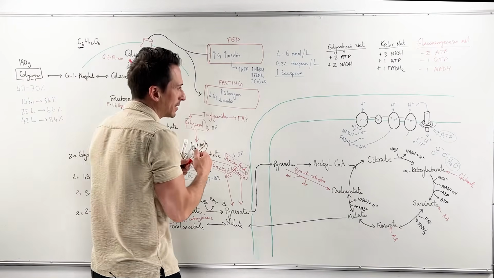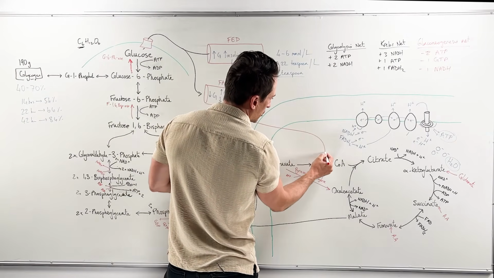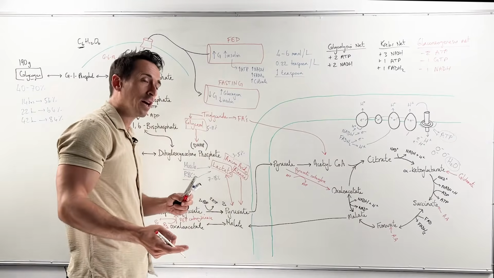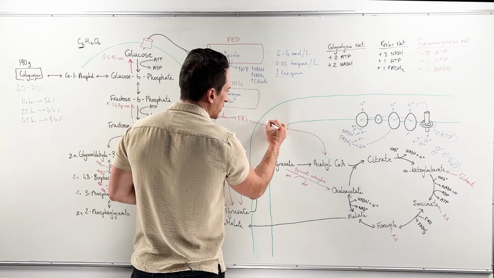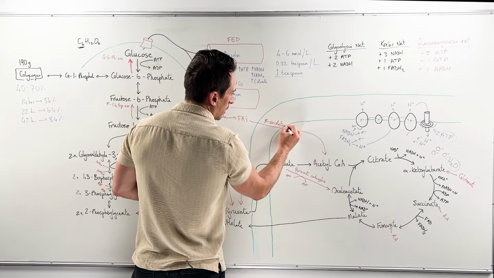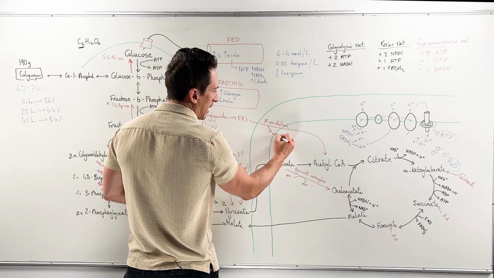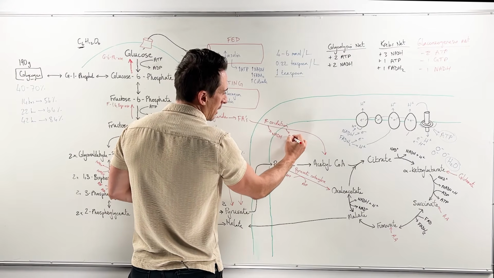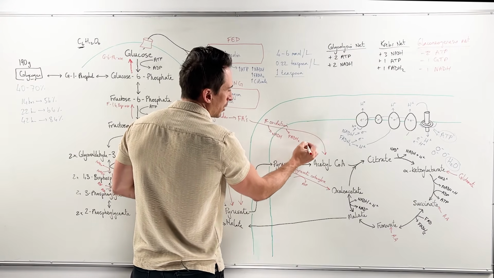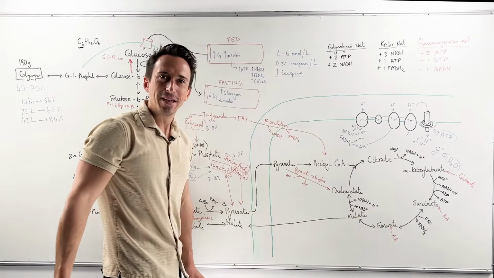The fatty acids will turn into acetyl-CoA. At least the even chain fatty acids will. This process is called beta oxidation. And the great thing about beta oxidation is it produces NADH and FADH2, which I told you, what do they do? They produce ATP.